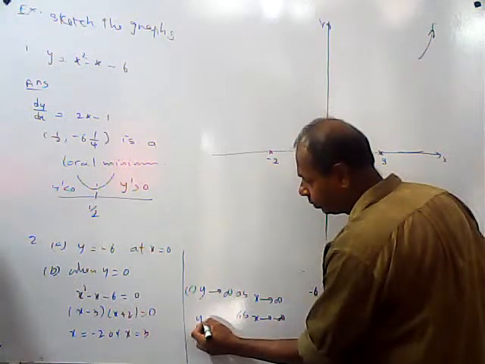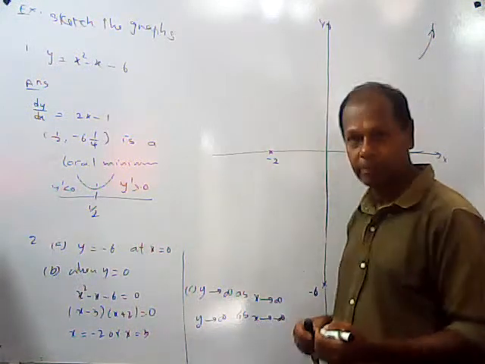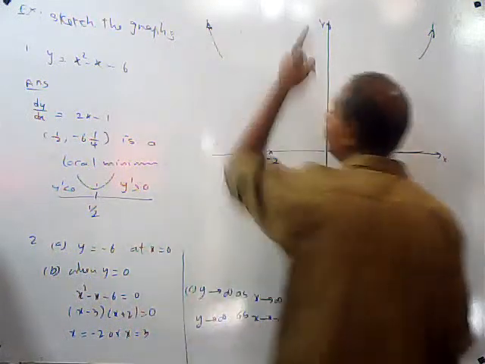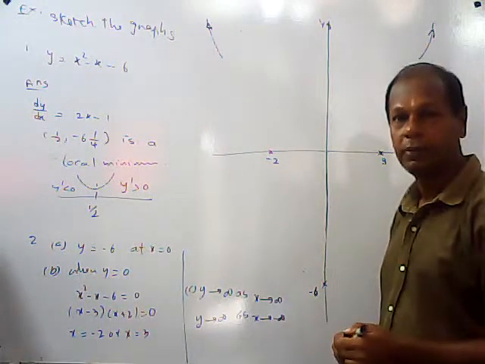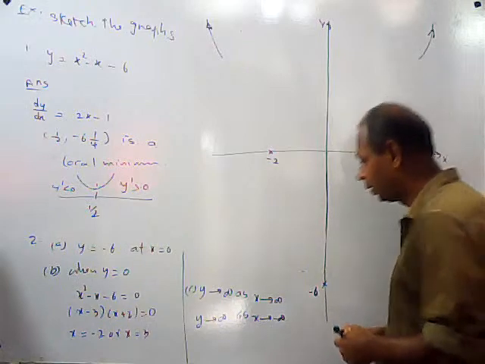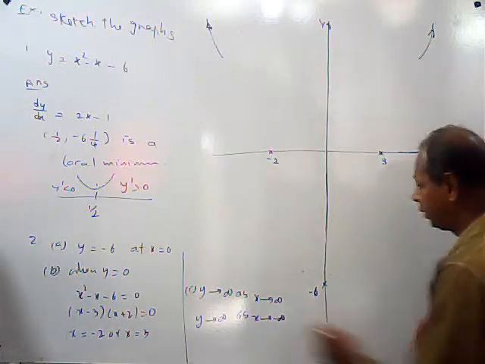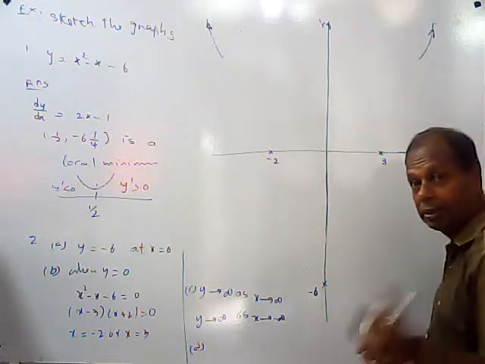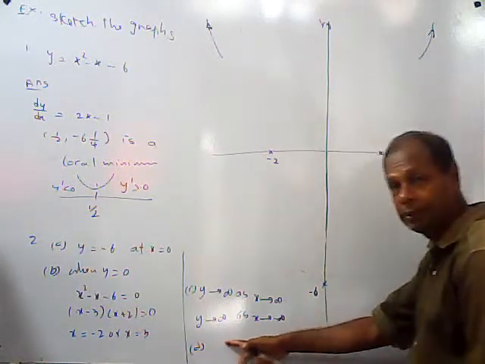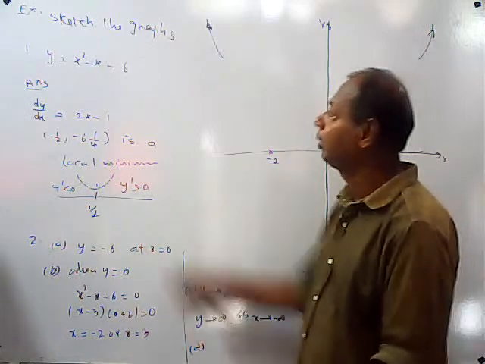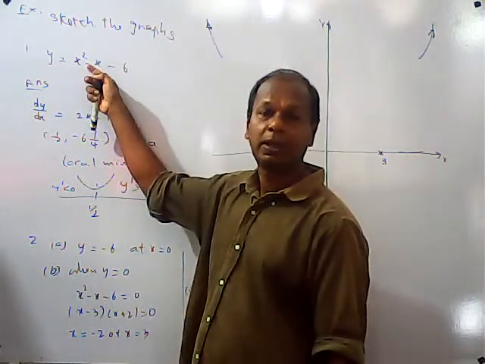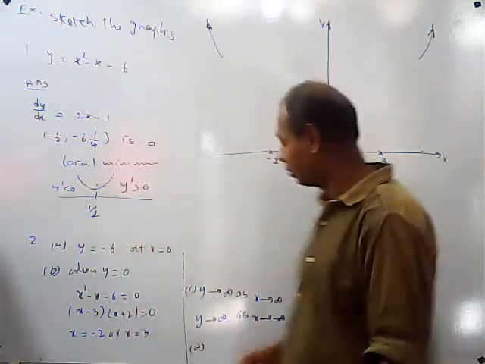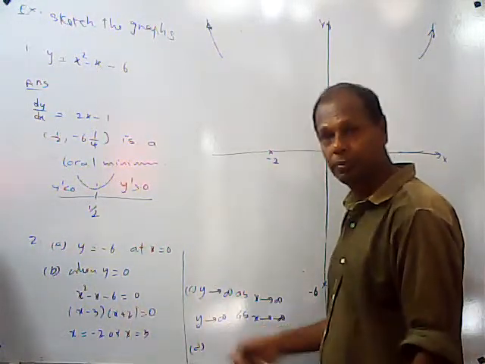Y will go to positive infinity as x goes to negative infinity as well. Then vertical asymptotes, part D, we wrote under D vertical asymptotes, but no vertical asymptotes for this, and no horizontal asymptotes as well, right? Horizontal asymptotes, no horizontal asymptotes, no vertical asymptotes.